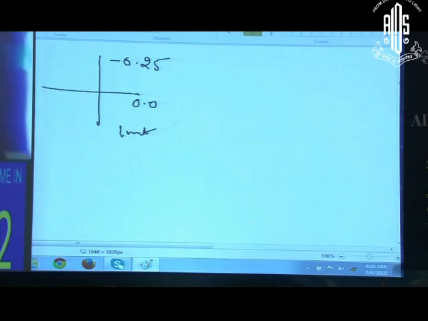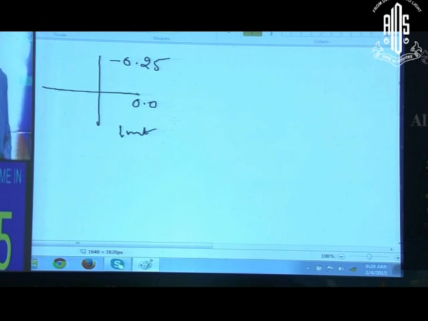What about this? One meter. Minus 1.5? Minus 1. So minus 1 diopter sphere, minus 0.25 cylinder at 180 degrees. So this becomes an easy thing.